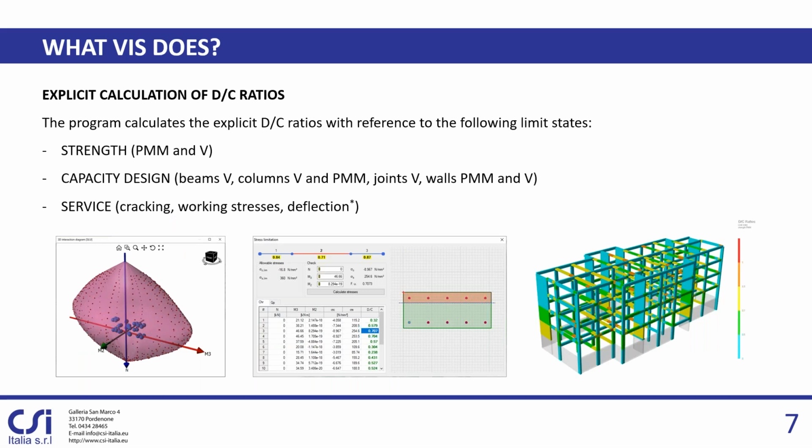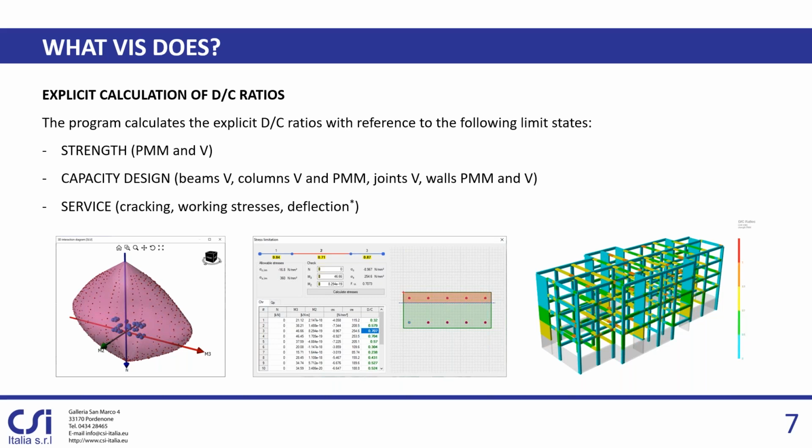The third feature is that the program provides explicit calculation of demand capacity ratio, and we cover basically all the different limit states, which means we provide the calculation of strength demand capacity ratio, both for PMM and shear.